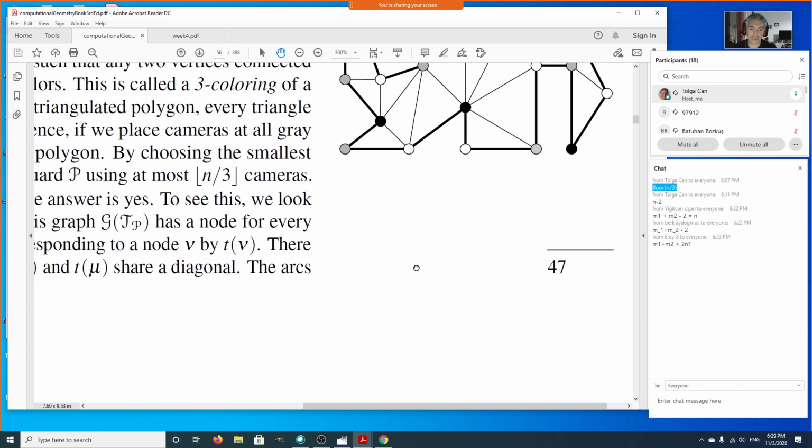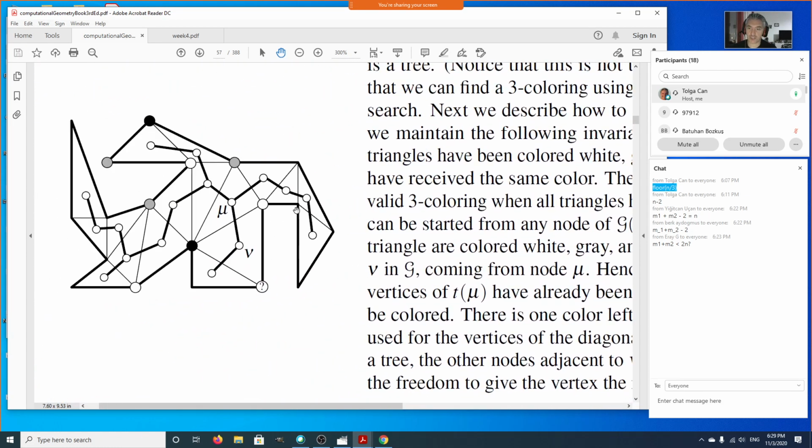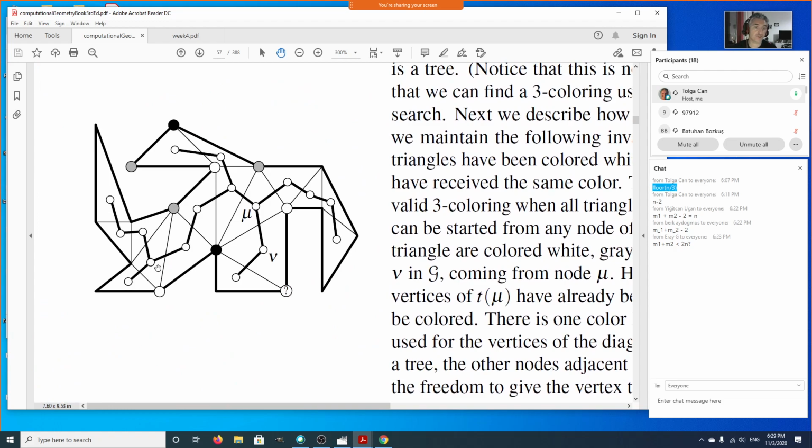So by using this dual graph with depth first traversal of the dual tree, we can start with an arbitrary node. For that arbitrary node, we color the triangle with arbitrary colors. We will follow the next triangle by traversing this dual tree.